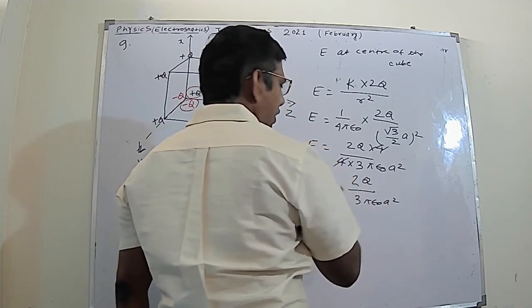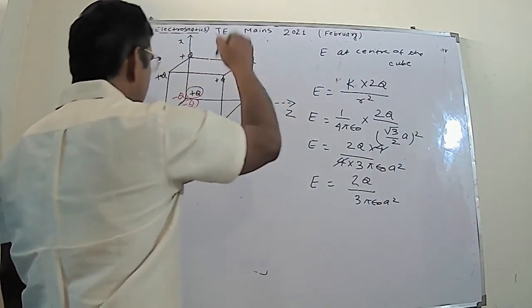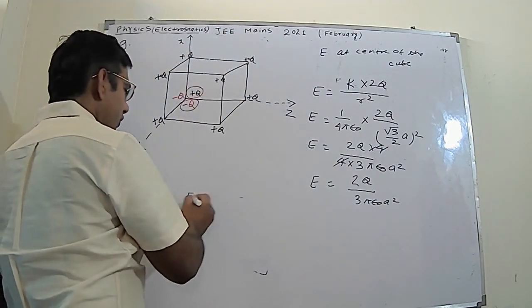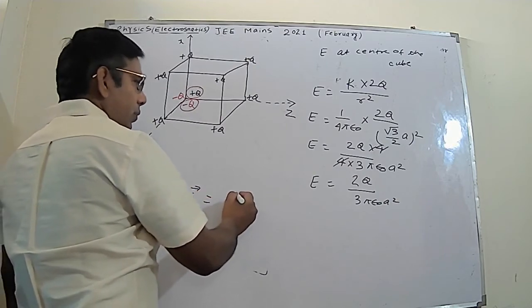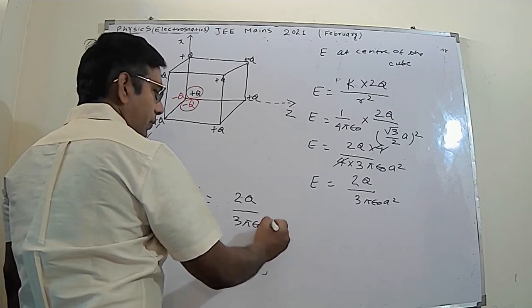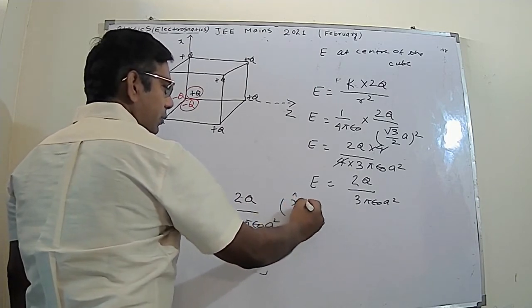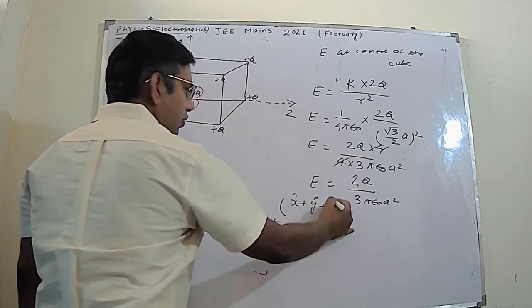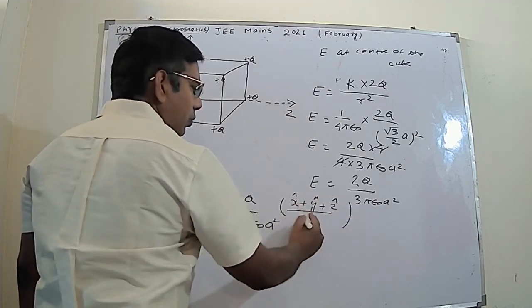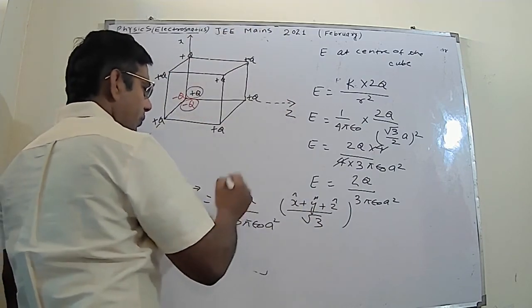So this is the electric field. And in terms of vector we can write, because this is in this direction, vector we can write 2q upon 3 pi epsilon naught a square, and x hat plus y hat plus z hat unit vector divided by root over 3, and its direction is towards the origin, so we can put a minus sign here.